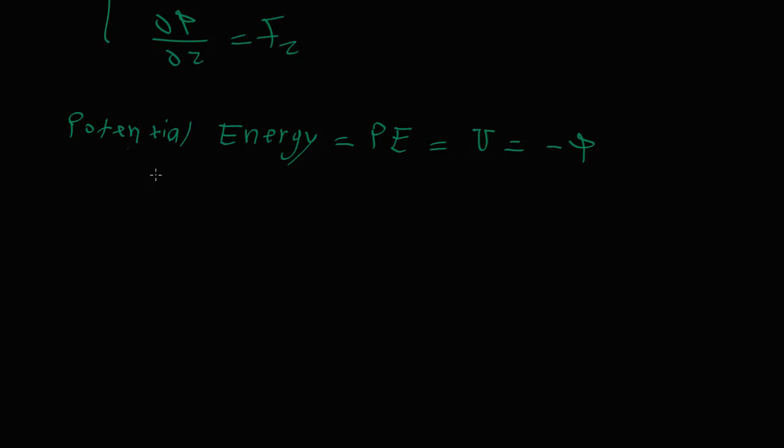Now that we have the definition of potential energy, let's see what the work and energy principle is for conservative systems. By conservative systems, we mean a system where all the forces acting on the particle are conservative. We derive this work and energy principle a couple of times for more general cases.